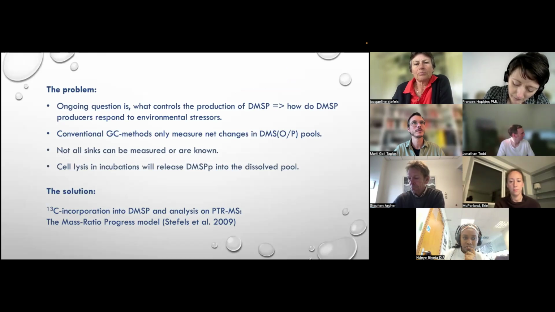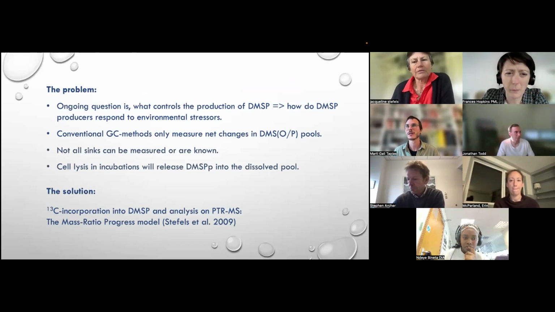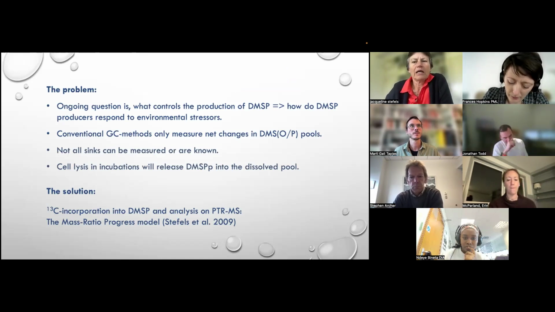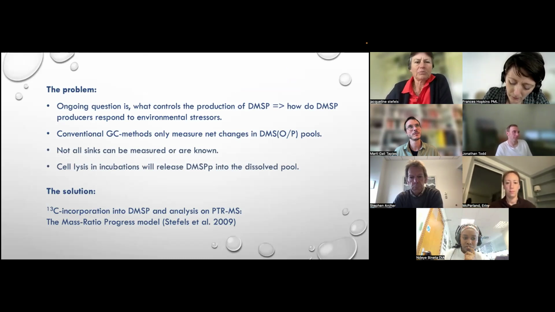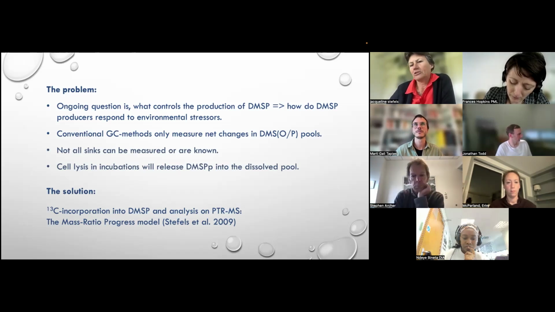The main problem that most people are worried about is the ongoing question of what controls the production of DMSP, and how do DMSP producers actually respond to environmental stressors? Now, conventional gas chromatographic methods only measure the net change in the methylated sulfur compounds.